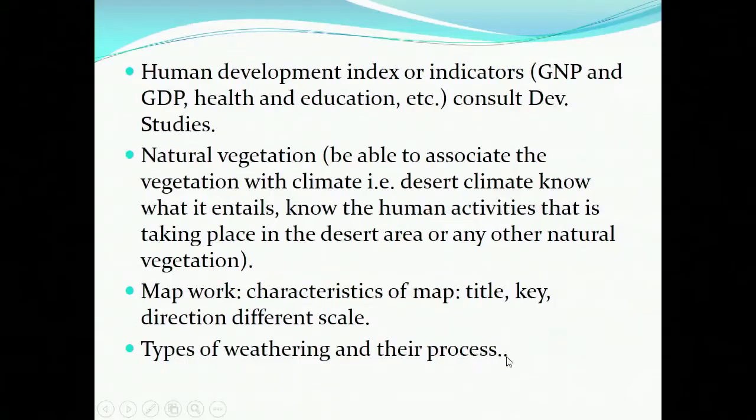And when I say process of the types of weathering, for example, if I take physical weathering, we have a process called exfoliation that is taking place, for example, in the Namib Desert. Make sure that you understand how this process takes place so that they can form different landforms on the land that you see today or elsewhere in the world.